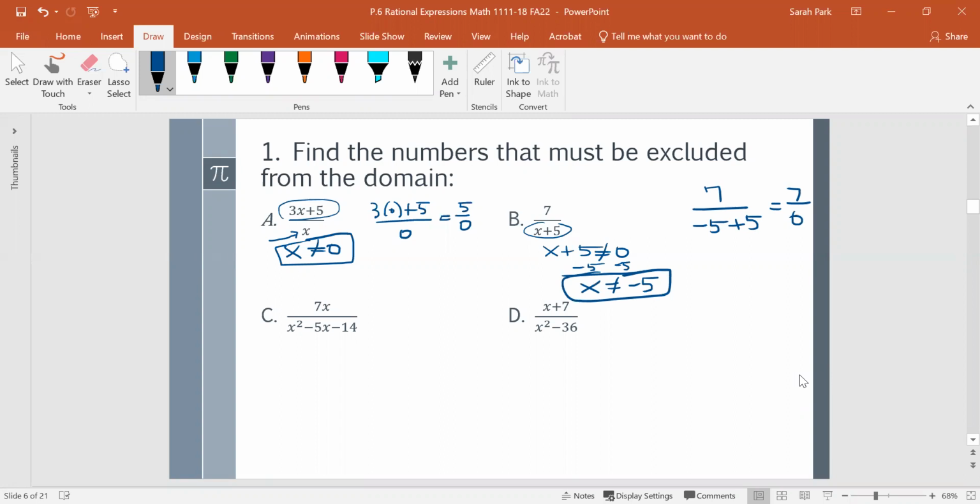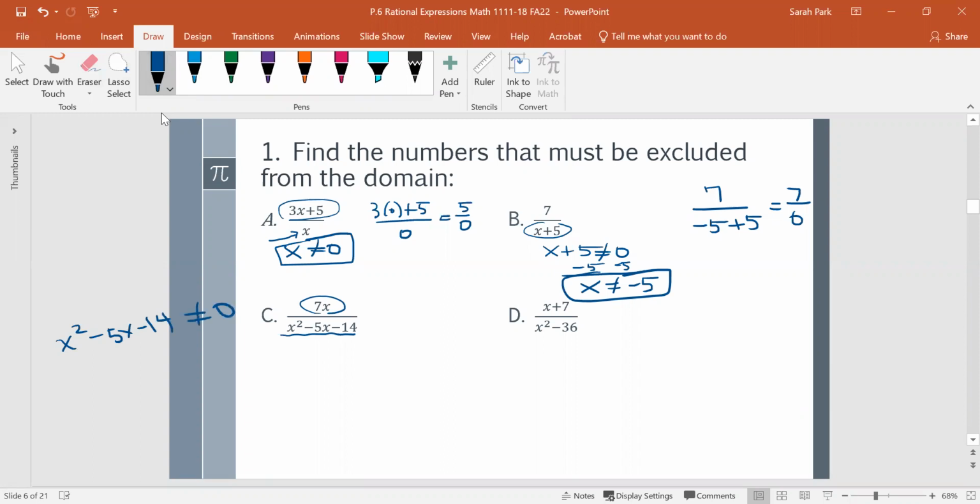For C, we have 7x over x squared minus 5x minus 14. Again, it doesn't matter whether the numerator is 0 or not; we can ignore it. We're focusing on what will make the bottom expression equal 0, so we don't want x squared minus 5x minus 14 equaling 0.